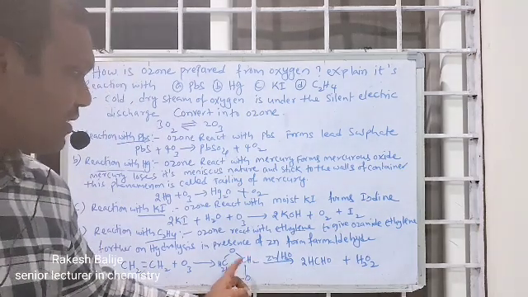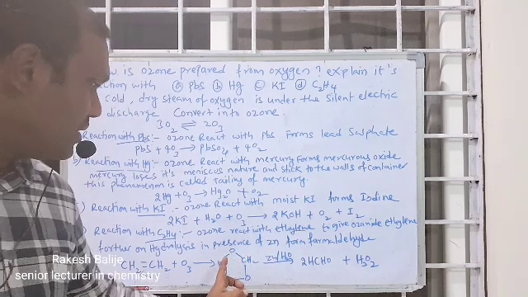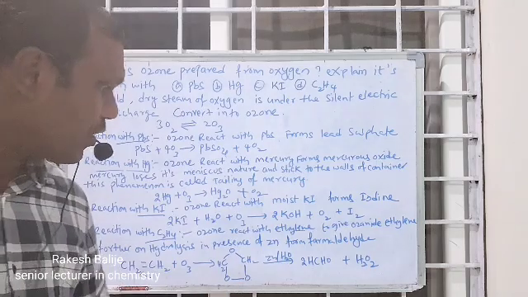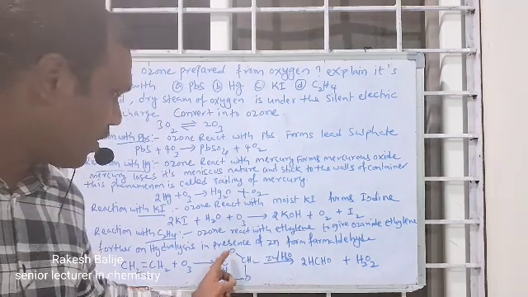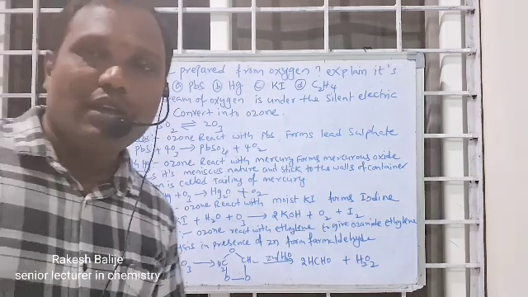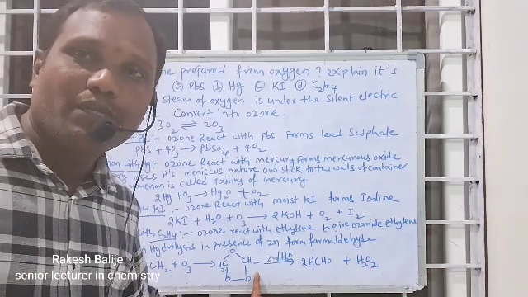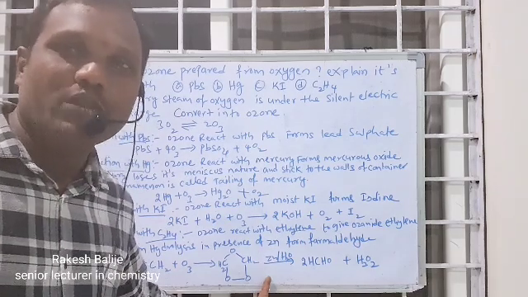Oxygen valency is always 2 on both sides. Carbon valency is 4. This compound is an adduct. Here the name is ethylene ozonide.